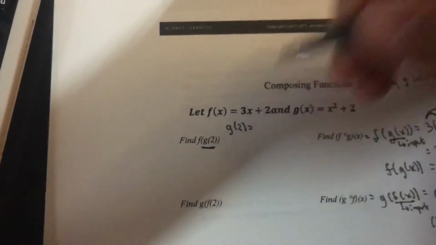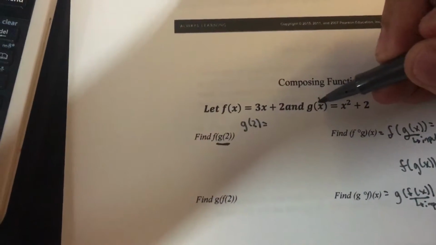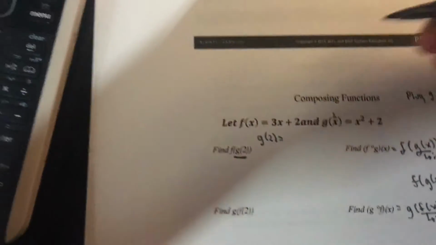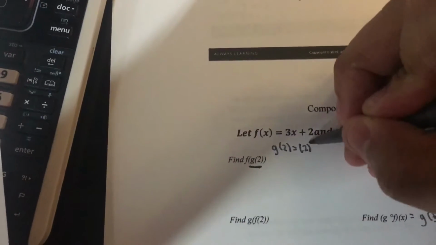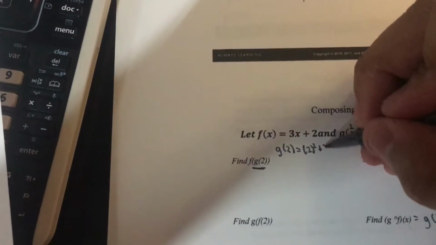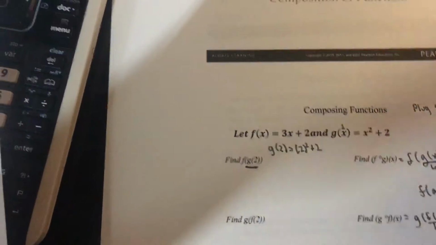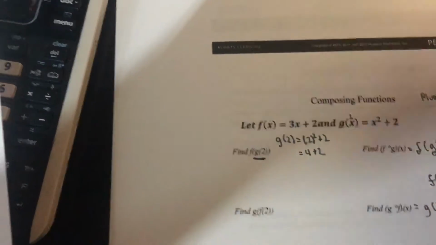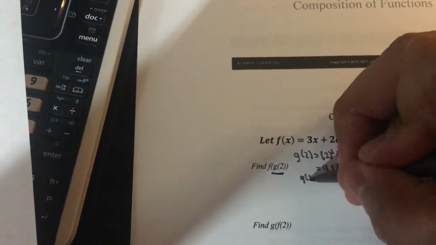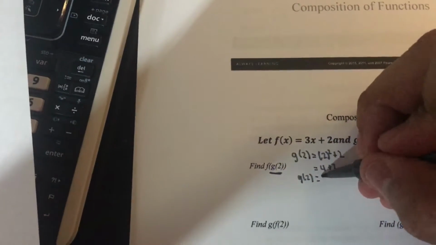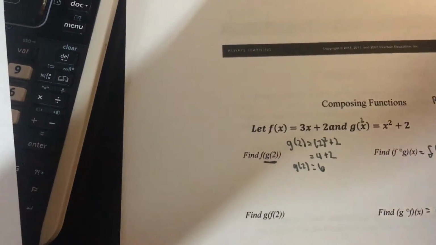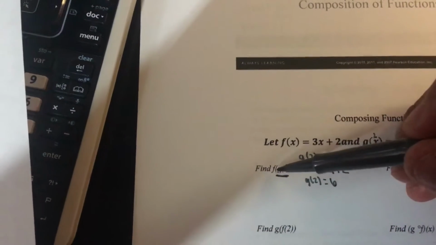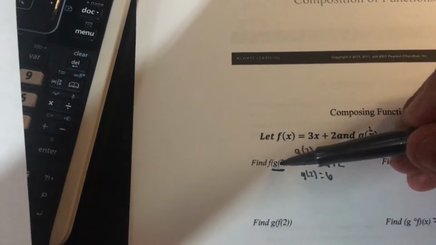So I'm going to put a 2 in here for the g every time I see an x. So this becomes 2 squared plus 2, okay, which equals 4 plus 2. So g of 2 equals 6. Okay, and now from this point, remember, I don't want g of 2, I want f of g of 2.